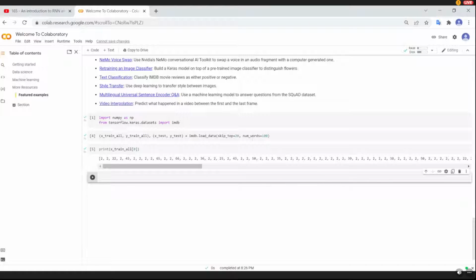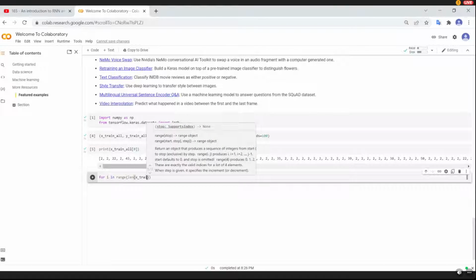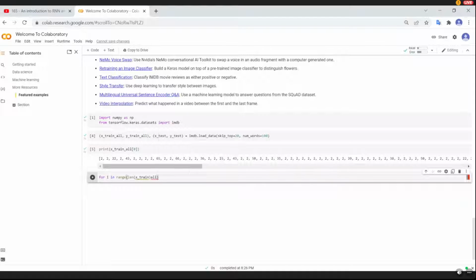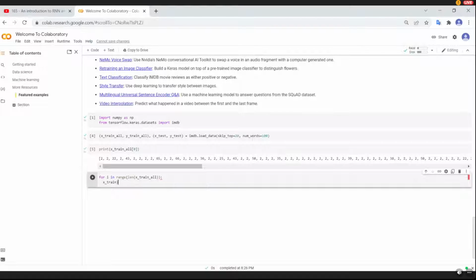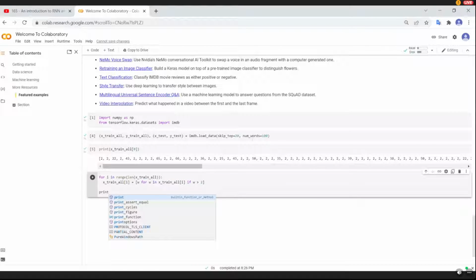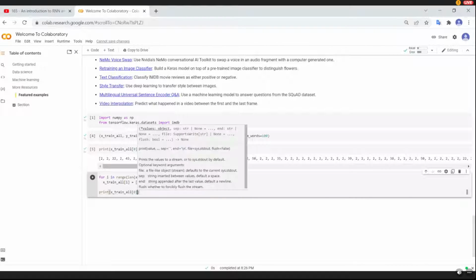So now we're going to do for i in range, x_train_all[i] is equal to w for w in x_train_all[i][w] to x_train_all[0].